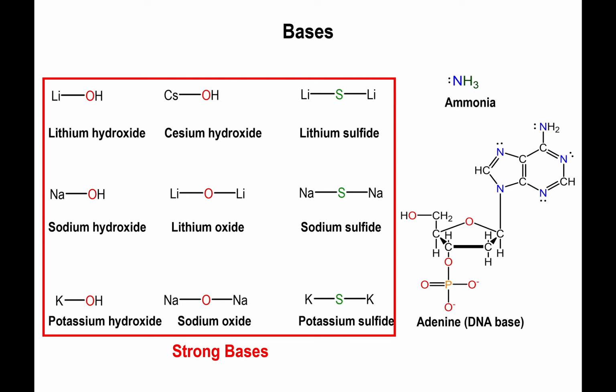It's -2. But then anything else, especially if it has funky molecular structures like adenine, one of the bases of DNA, or ammonia, they are considered weak bases, but they are bases. And one of the ways to tell is because of that lone pair, specifically on nitrogen.